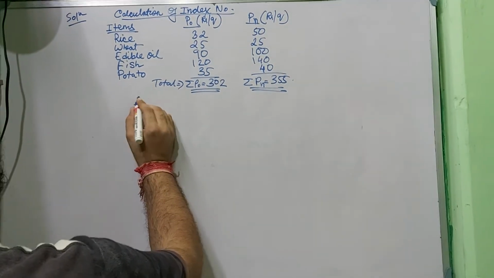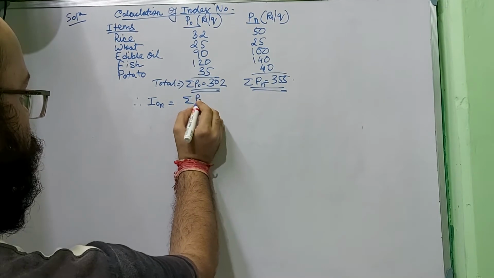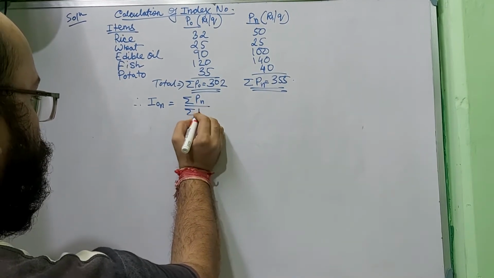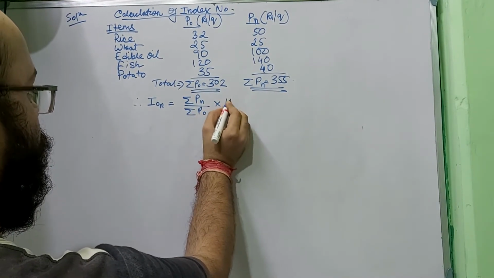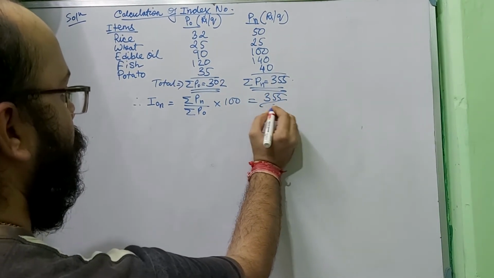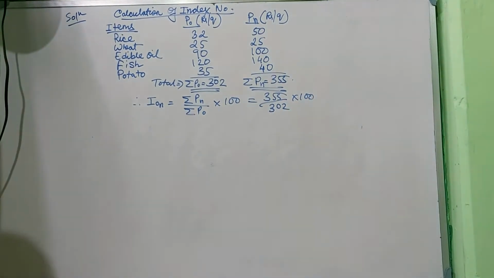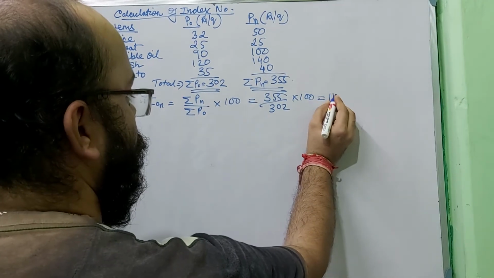So therefore I0n is equal to summation of P1 by summation of P0 into 100, 355 by 302 into 100, it's 170.5.